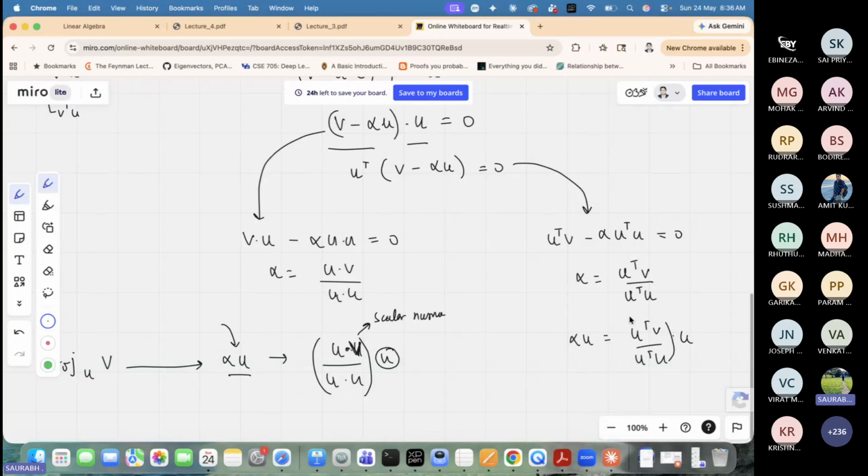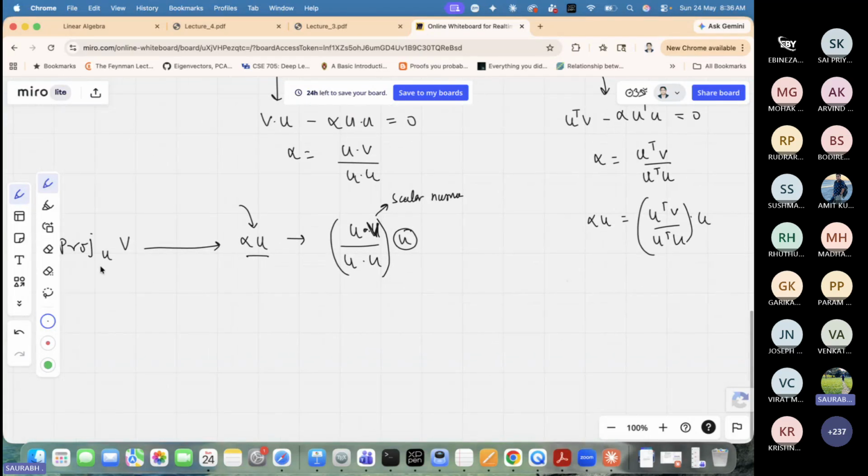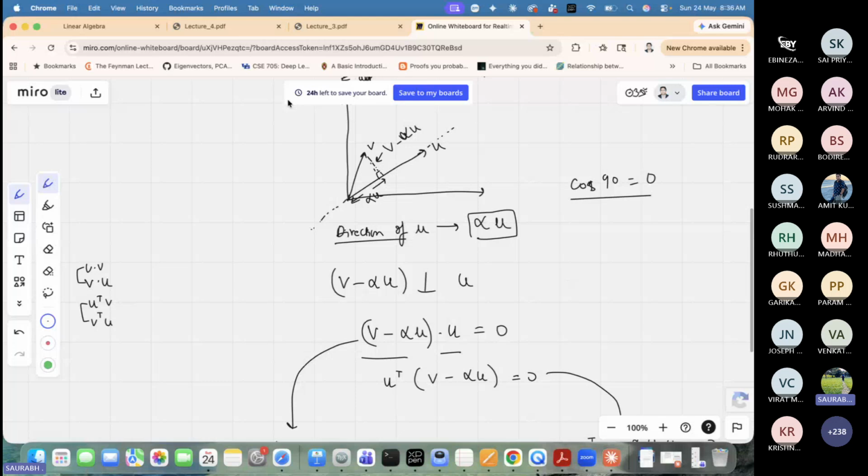Now, this is simple. You can write projection as this, or as this. Both formulas are the same. It's just that the intuition is how much aligned the v vector is in the direction of u. So that's what you have here.